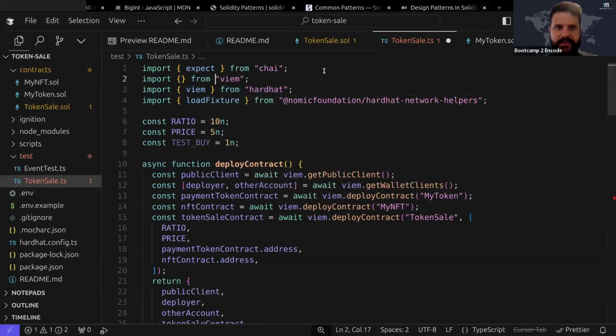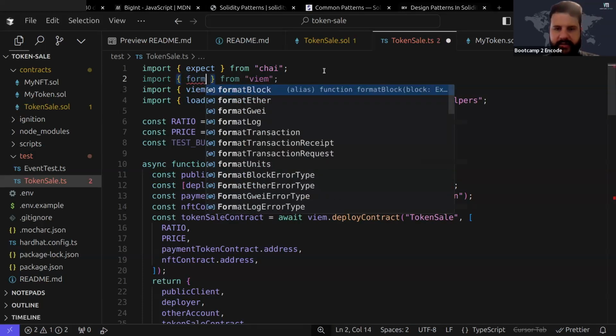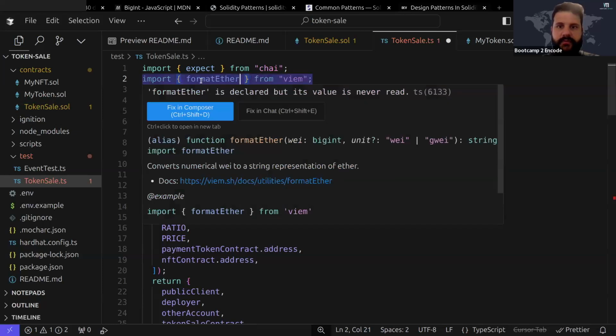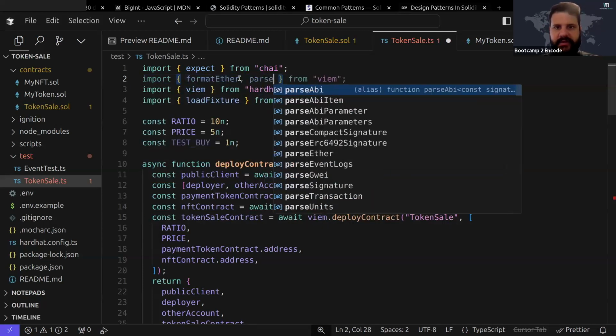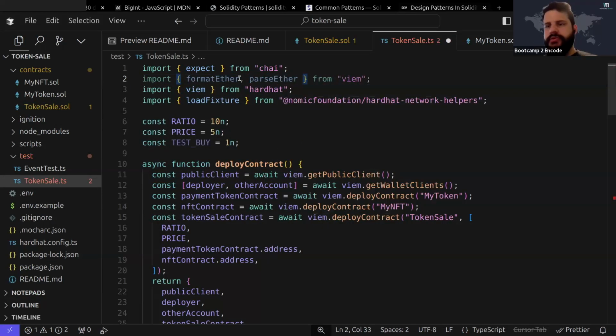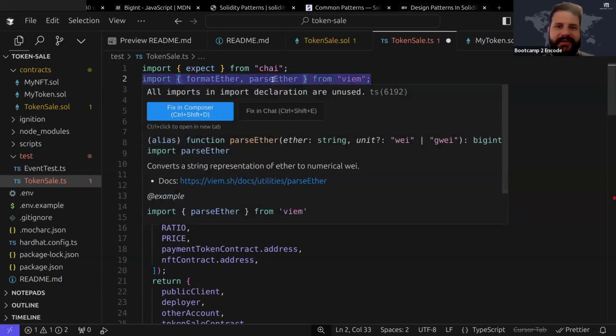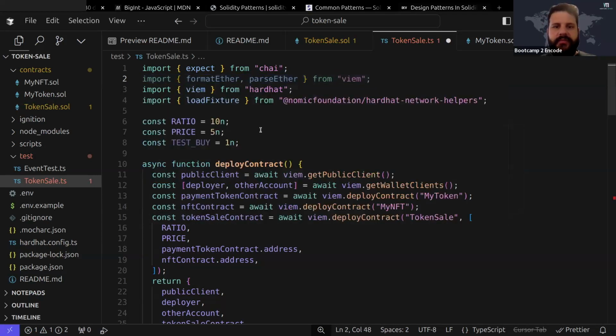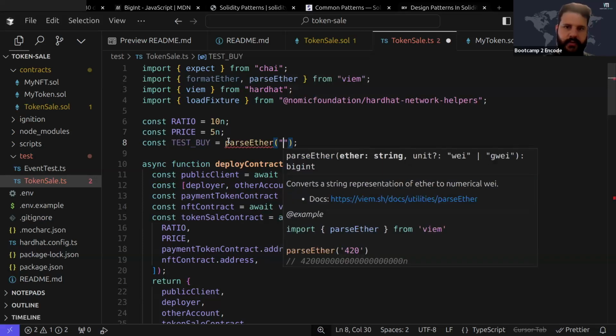Those two functions that we have used in Monday's lesson. formatEther goes from a big number to a string, and parseEther goes the other way. I mistake those two all the time. You don't need to remember them off the top of your head. You just hover your mouse, and you're going to see that parseEther goes from a string to a big number. So I'm going to use parseEther, and I'm going to put 1.